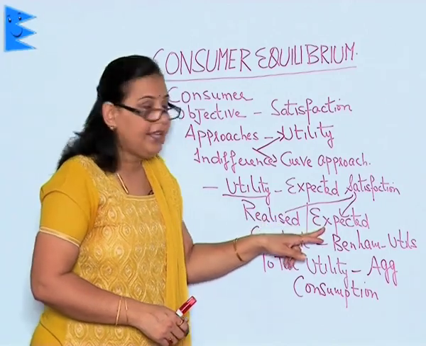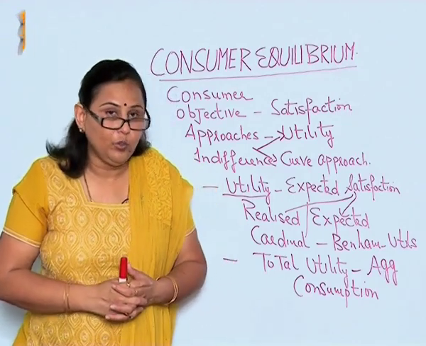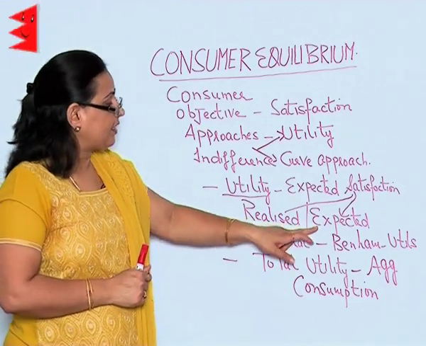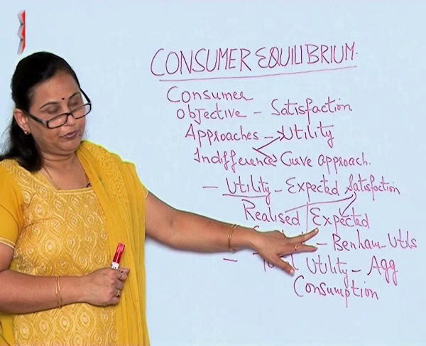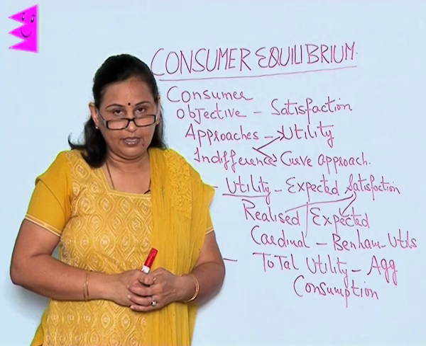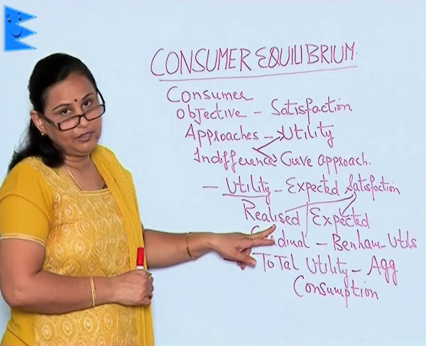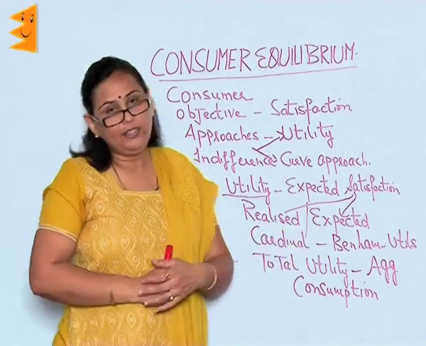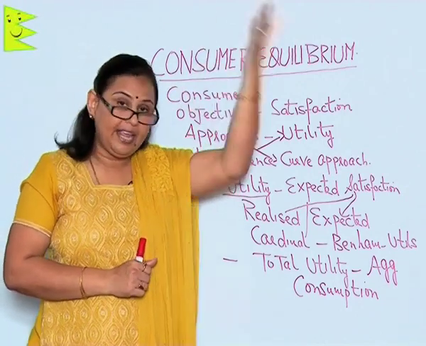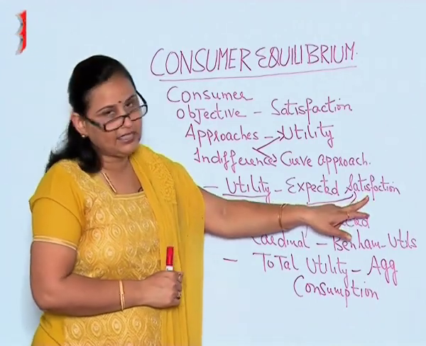But when I am thinking of buying something and then deriving the satisfaction out of it, that is the expected satisfaction. For example, if I consume 3 ice creams, the level of satisfaction that I am going to get is the realized satisfaction. But when I am planning to eat 3 chocolates, that satisfaction which I will derive after I have consumed those chocolates is the realized satisfaction.